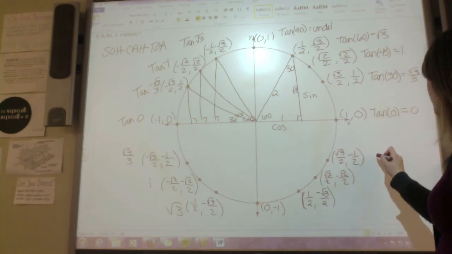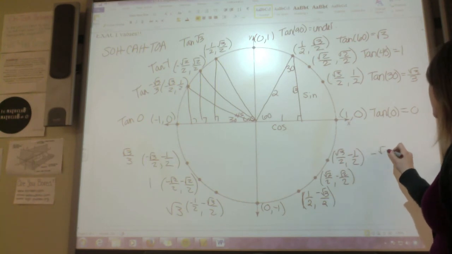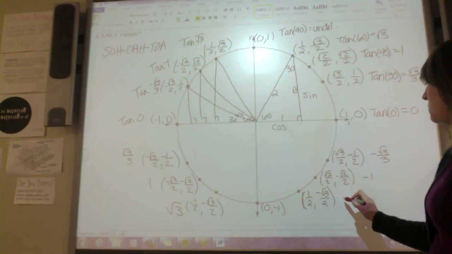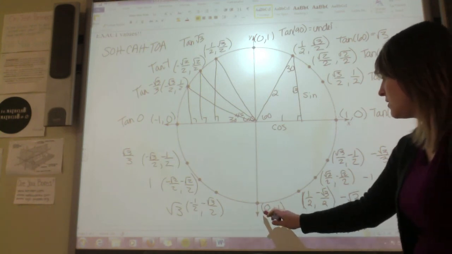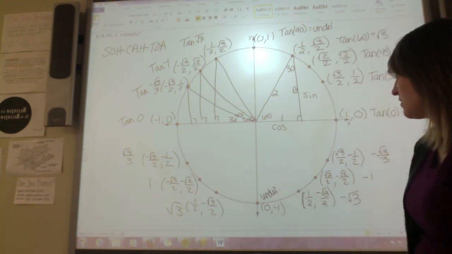Okay, and this one is going to be a negative tangent, so this will be negative square root 3 over 3, this will be negative 1, and this will be negative square root 3. And this one down here will be undefined because I can't divide by 0.